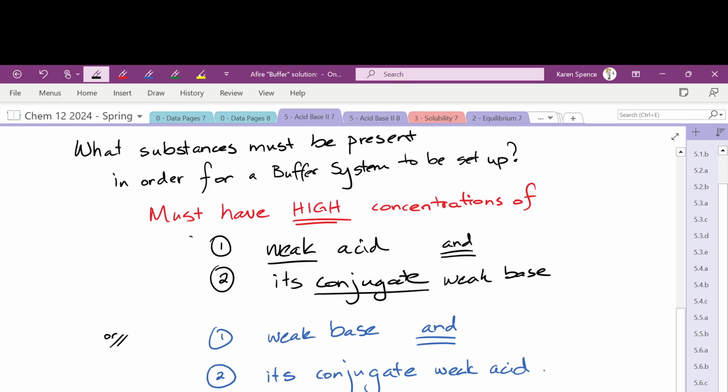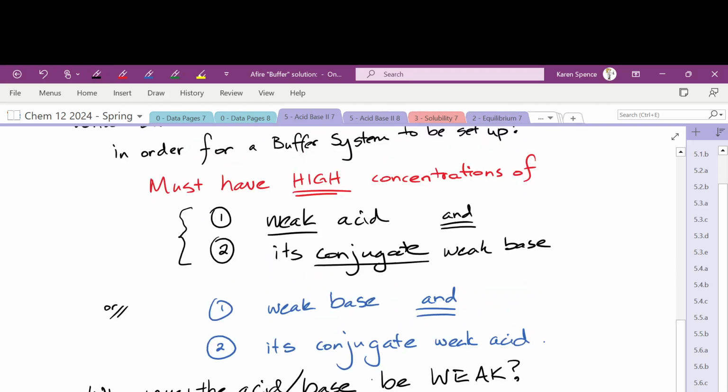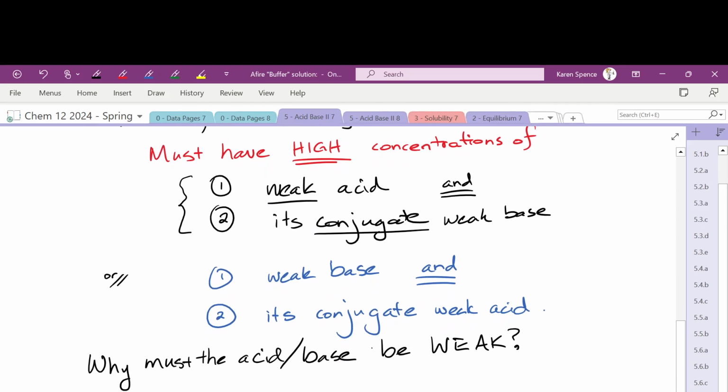We're going to deal with the first case here only for a little bit. Actually, why must the acid or base be weak? Yeah, because otherwise you cannot get an equilibrium.